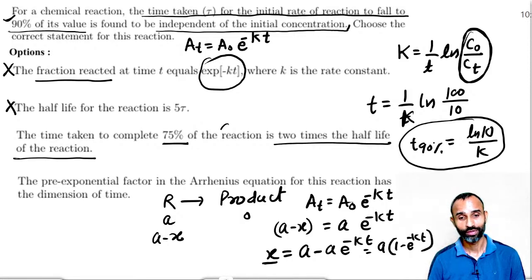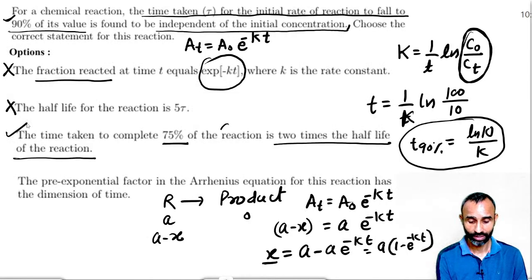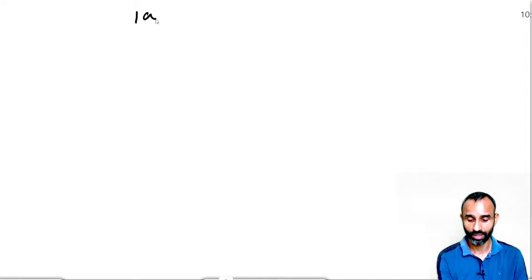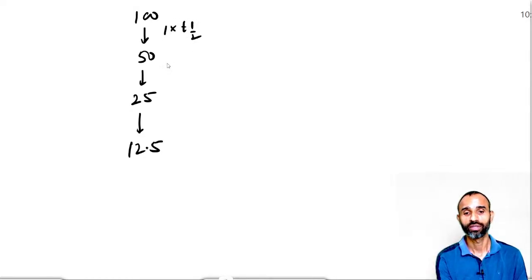Yes, because for a first order reaction, we have discussed in the previous class that 100 to 50, 50 to 25, 25 to 12.5 and so on. It is first half life, second half life.